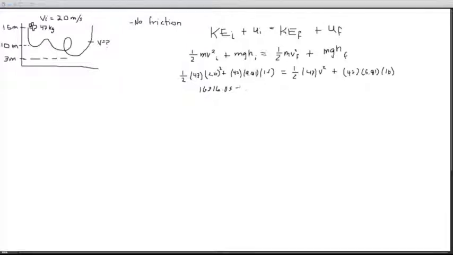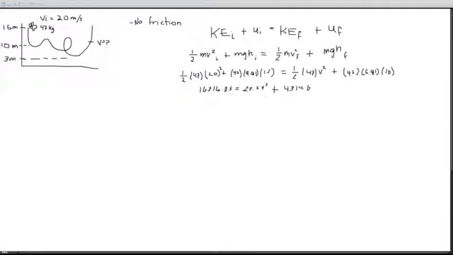That is going to be equal to 1/2 times 47, that is 23.5, times velocity squared, plus the multiplication of 47, 9.81 and 10, that is going to be 4,314.6.